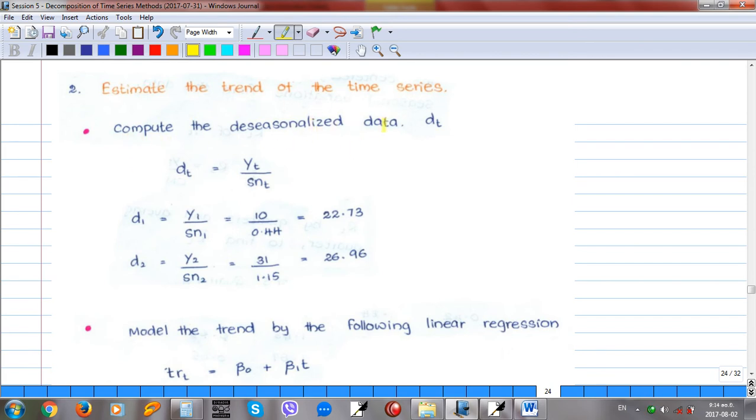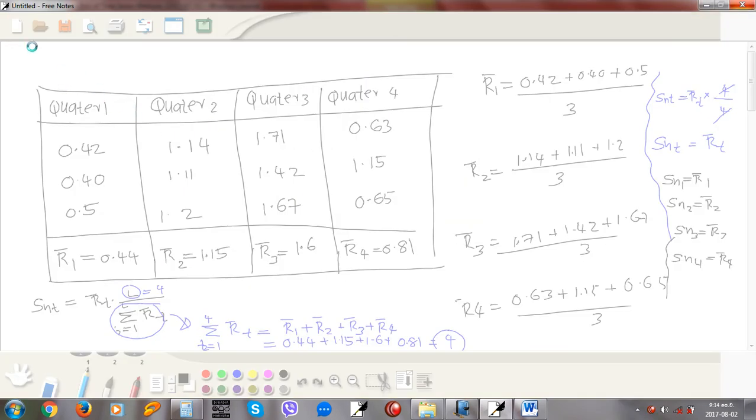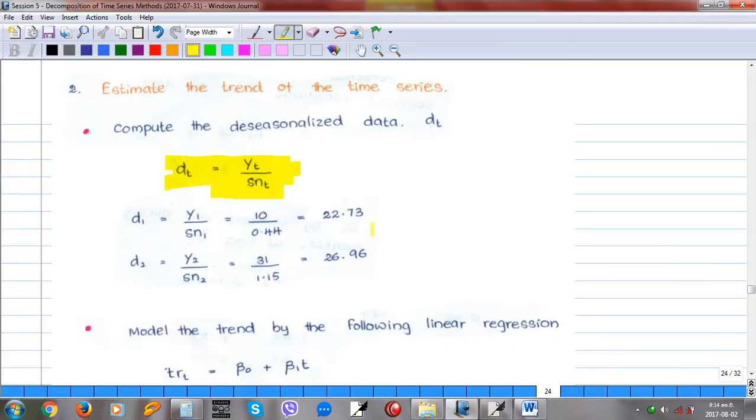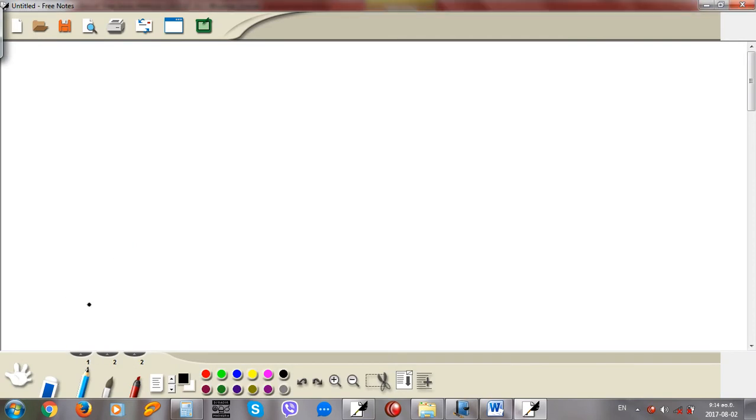Compute the deseasonalized data. To find the trend, first we have to compute the deseasonalized data. For that we can use this equation, dt equals yt over snt, to find deseasonalized data.